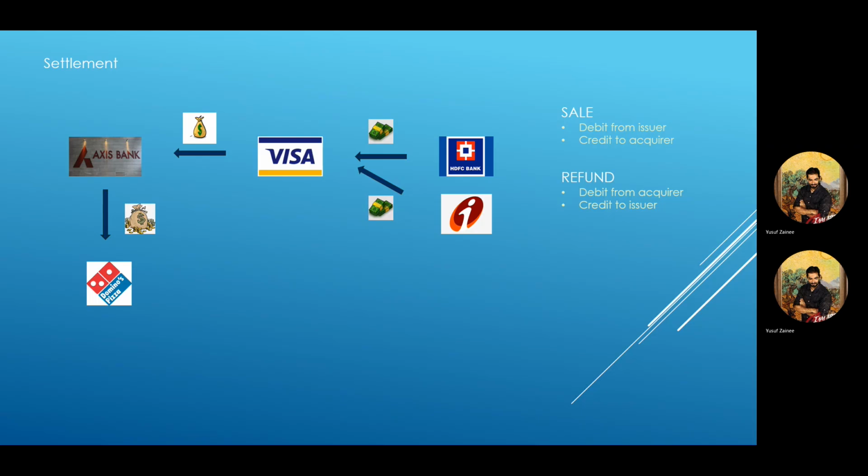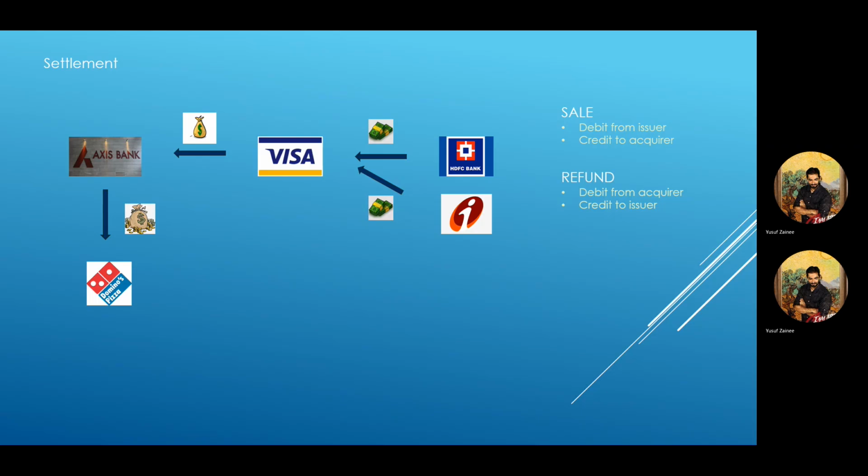Now, once Visa receives the amount from, let's say, HDFC, it will keep its own charges. Let's say the bill amount was 1,000 rupees and Visa's charges were 20 rupees. So Visa will keep 20 rupees and then forward the other 980 rupees to Axis Bank.